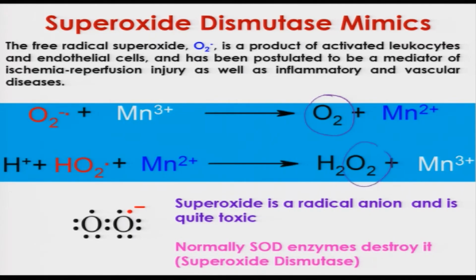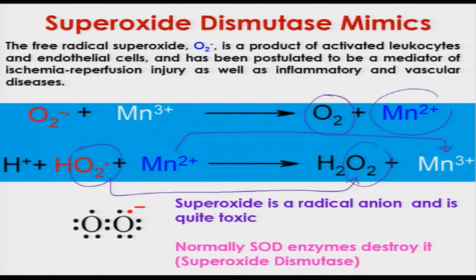This manganese(III) oxidizes superoxide to oxygen and gets reduced to manganese(II), and this manganese(II) reduces superoxide to peroxide, and manganese(II) is oxidized back to manganese(III).